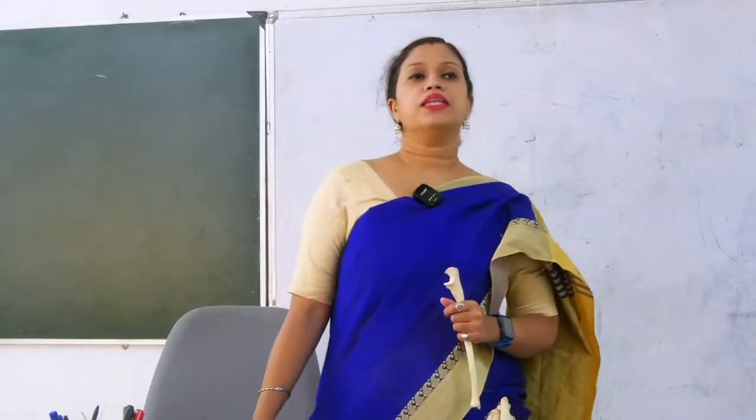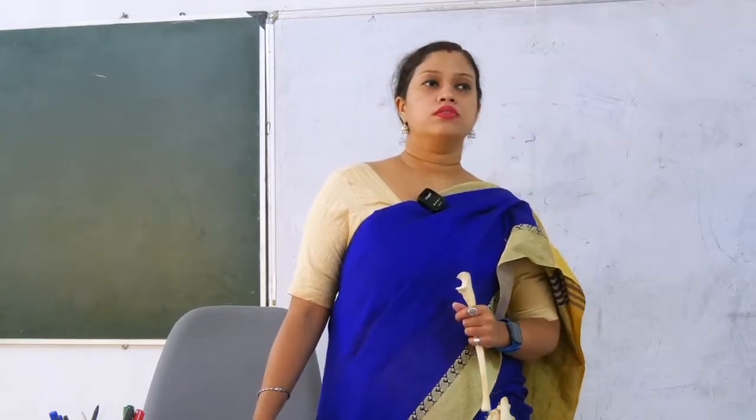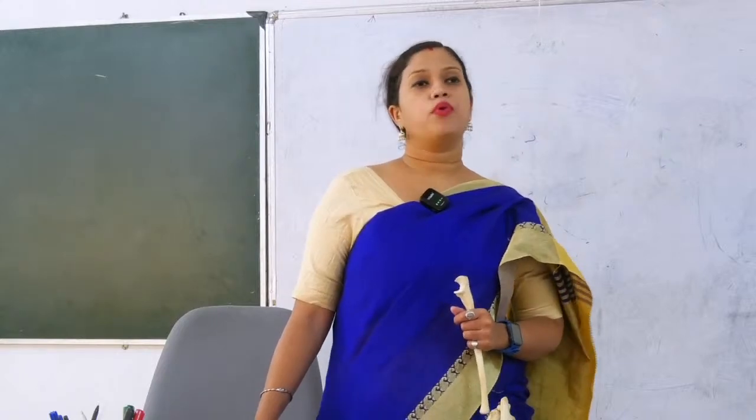So there are three muscles. Number one is extensor pollicis longus. Then second one is abductor pollicis longus.